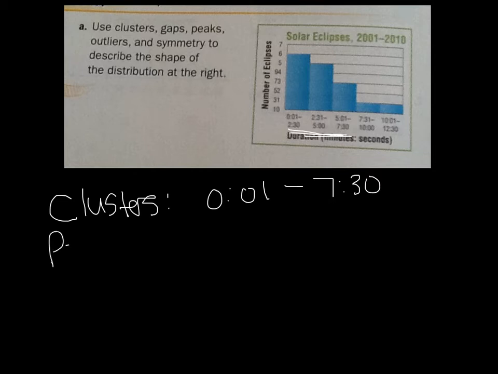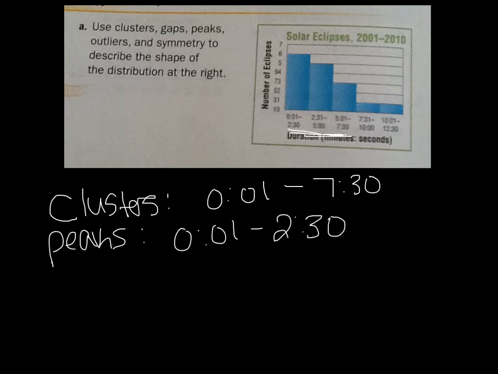Any peaks? Peaks are the ones that have the most numbers occurring. So if I look at my data, where all my numbers are most occurring, my peak is from 0.01 to 2.30. So make sure you know the difference between a cluster and a peak.